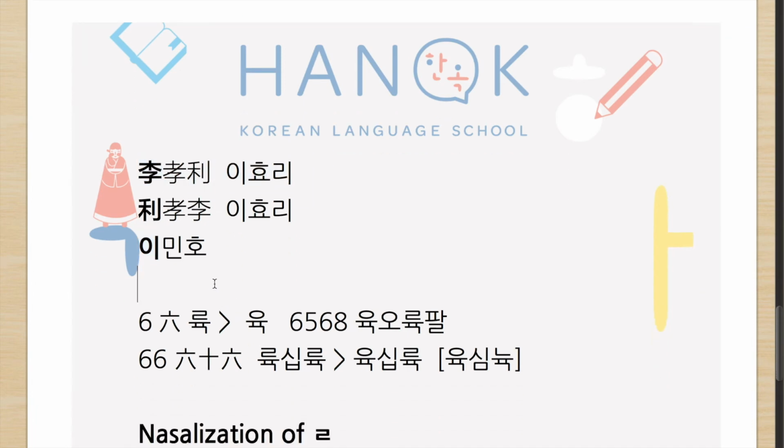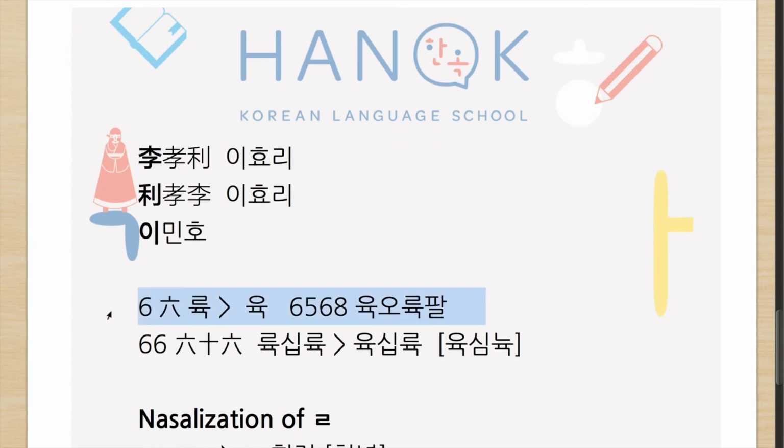Okay, so let's go back to 6. The number 6. So 6는 in Chinese is a liu. So it's very similar pronunciation as the original sound in Korean is ryu. 그런데 sometimes we hear as 유.